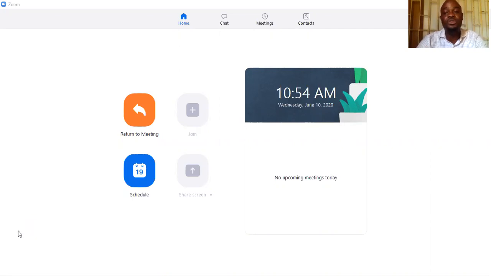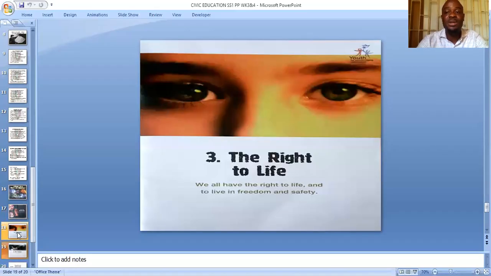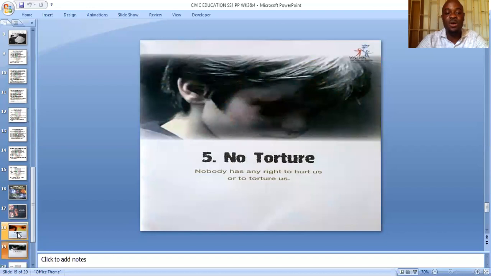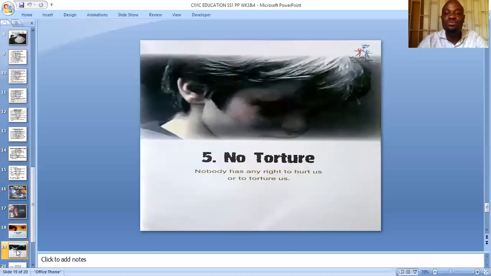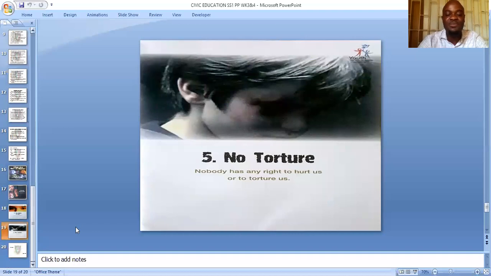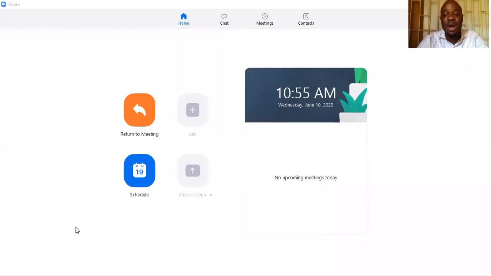In fact, according to the Constitution of Nigeria, whoever kills anyone unnecessarily will be killed. You have the right to life, and you have no right to torture anybody. Nobody has any right to torture you, except if you are guilty of a particular crime, and then you have the law enforcement agency to arrest and to give judgment.